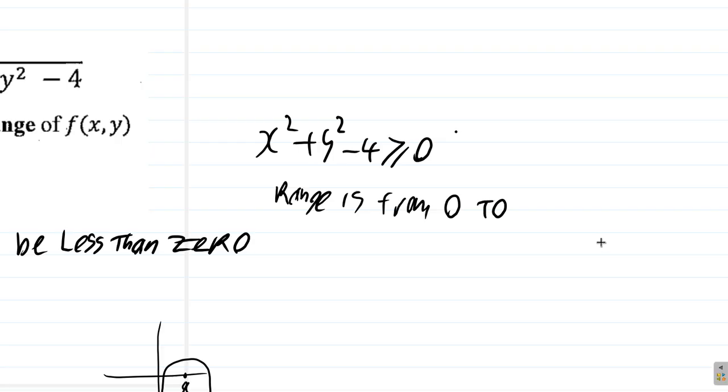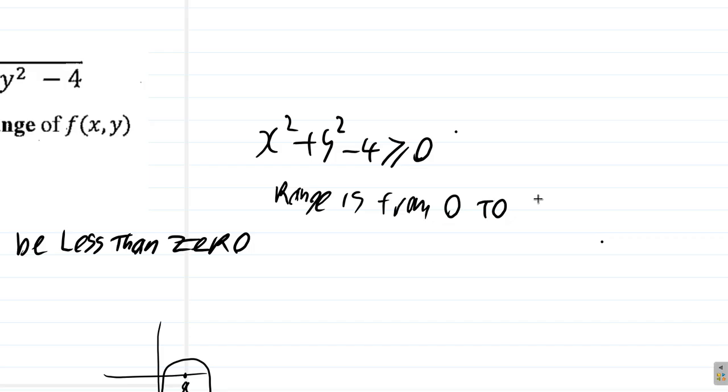Now, is there any number where the answer reaches and cannot reach any further? Well, looking at it, you can put 100 for x and 100 for y. You get 20,000 minus 4, which is 19,996. If you put 1,000 for x and 1,000 for y, you get an answer. If you put 1,000,000 for x and 1,000,000 for y, you still get an answer. You can go up and up.